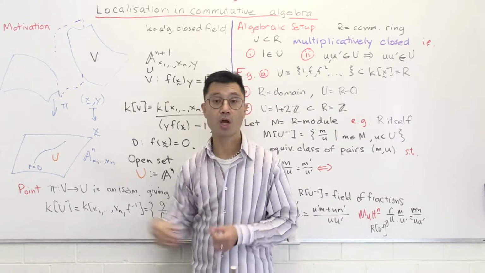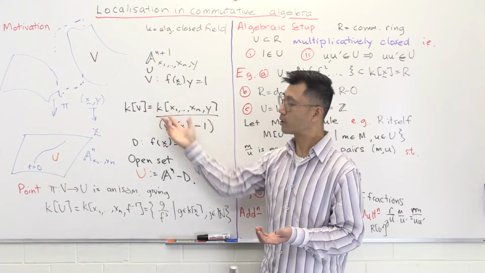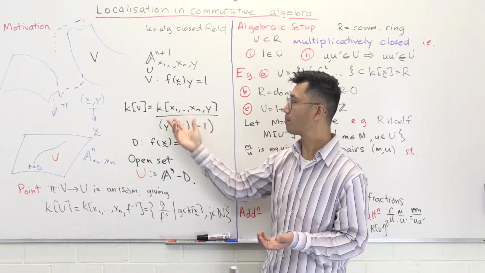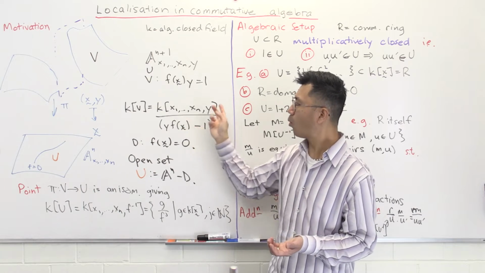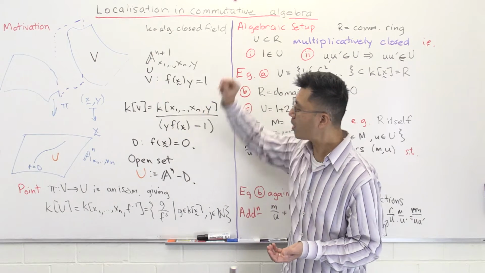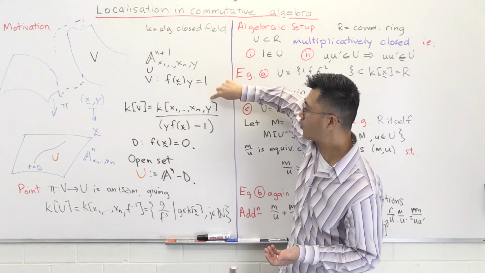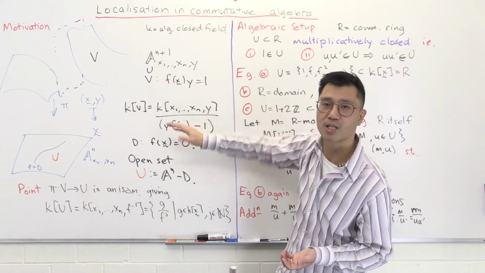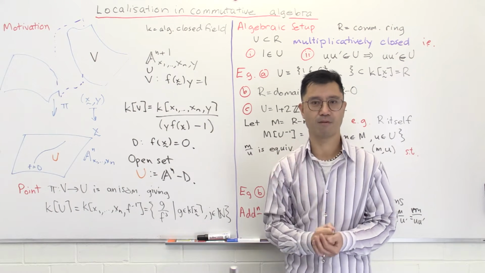So this at least is something that is easy to understand in terms of affine algebraic geometry. One way to think about this ring is that you have the usual polynomial ring in x1 up to xn, and you've adjoined a y, but by this equation y is just the inverse of f. So you've just thrown in an inverse of f.